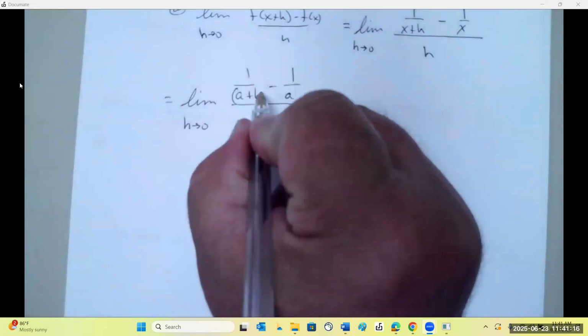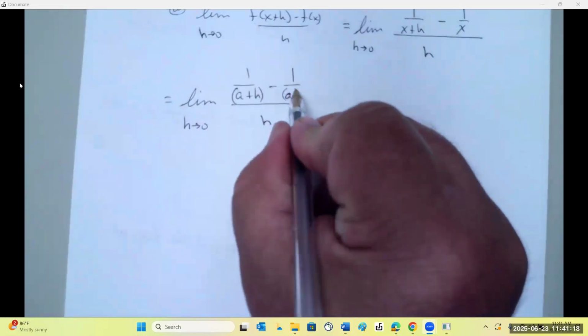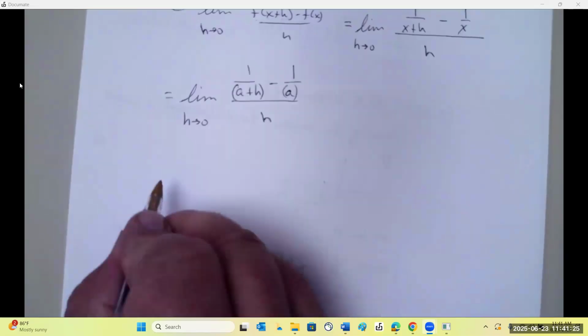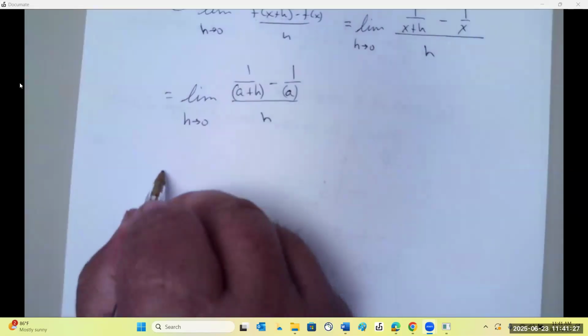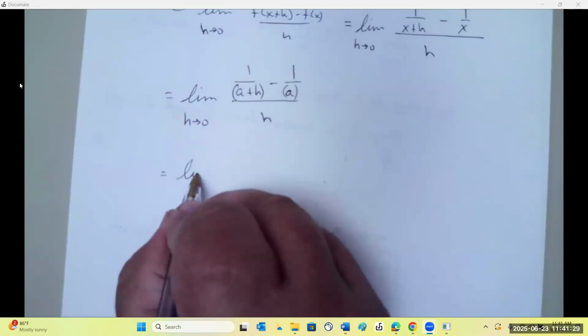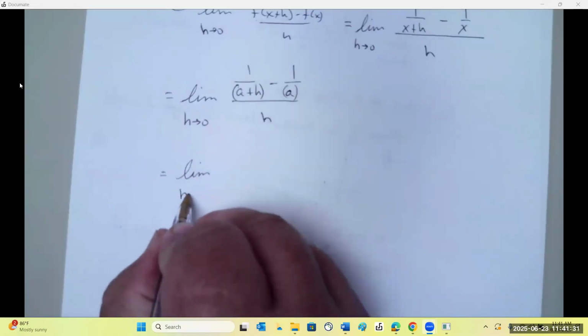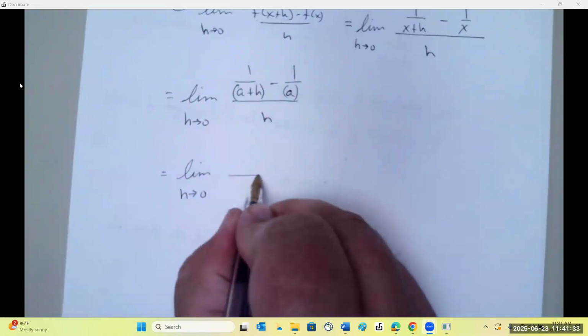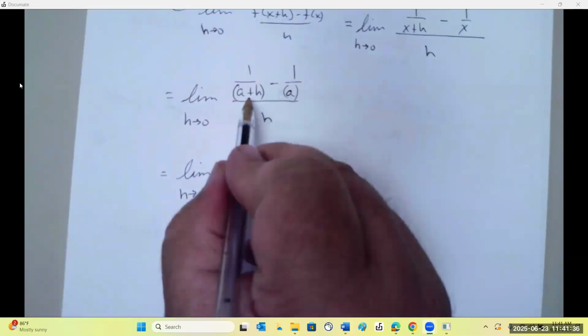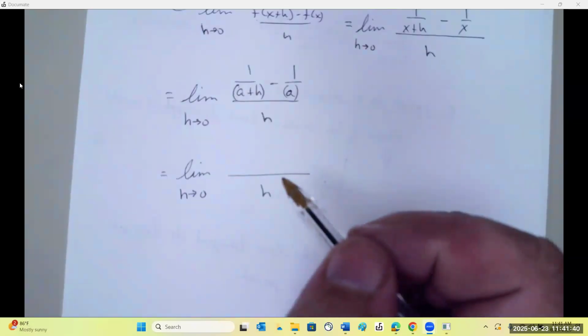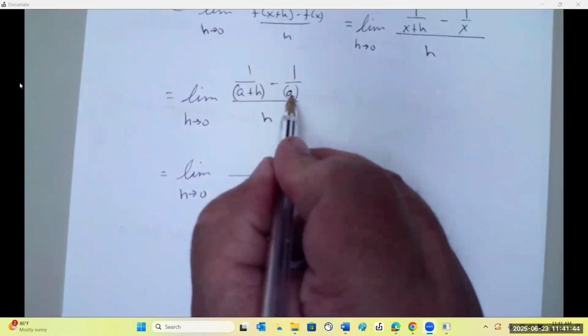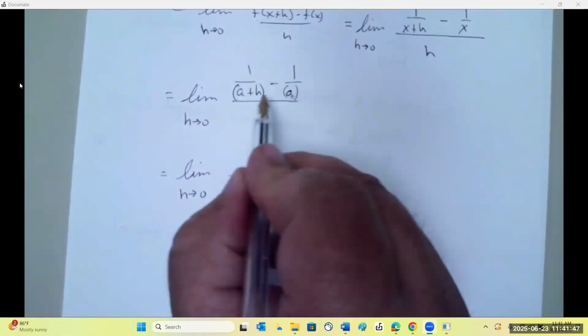This is a plus h. This is a. So what do we need to make them equal? We get the denominators the same. The first one just needs an a, because this one has an a, this one doesn't.